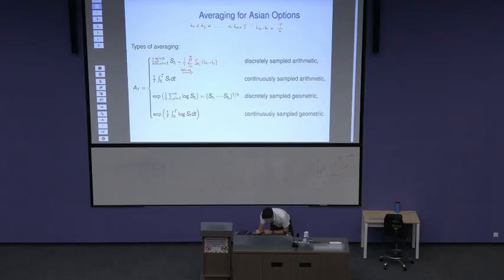So I call this delta t. I get 1 over T. Nothing happens to 1 over T. Integral from 0 to T, S_u du. Or maybe to avoid confusion, I should call this small t.